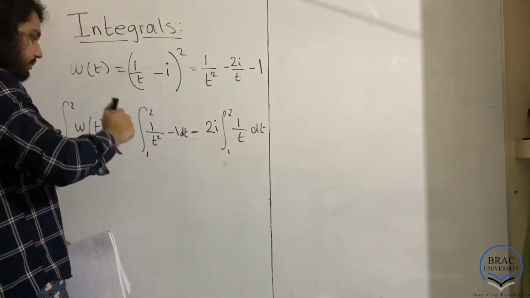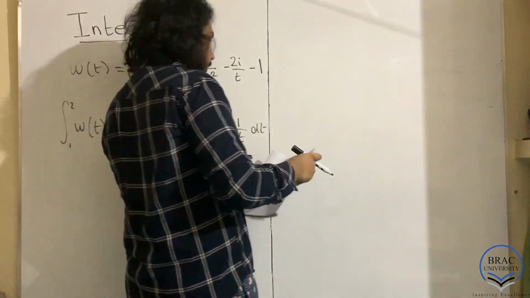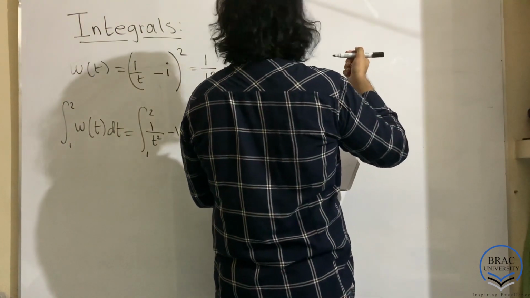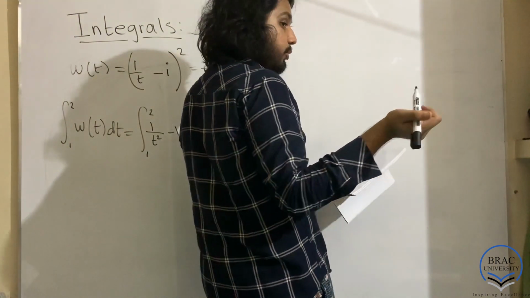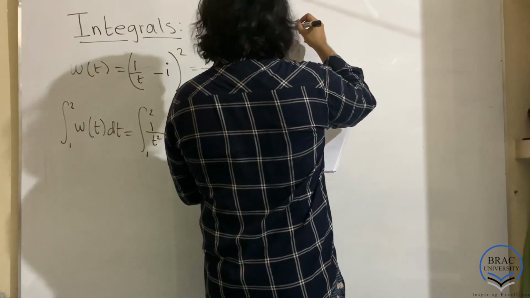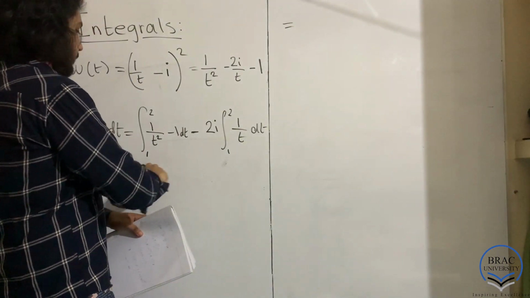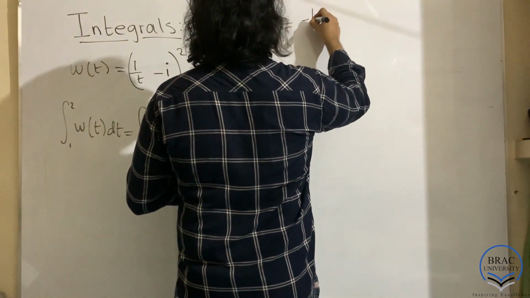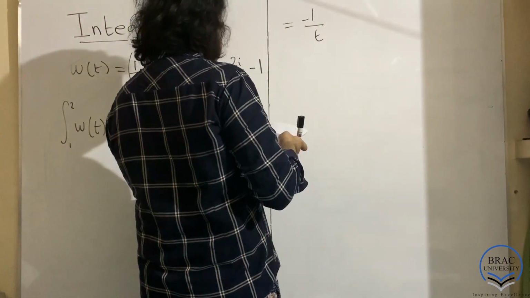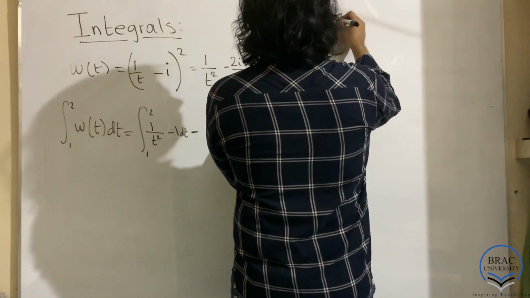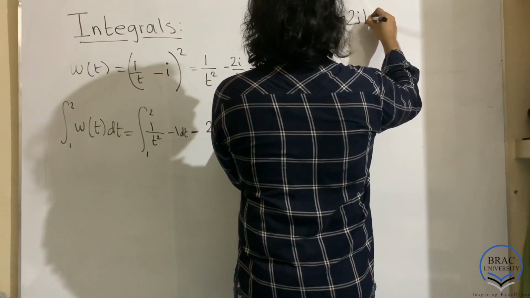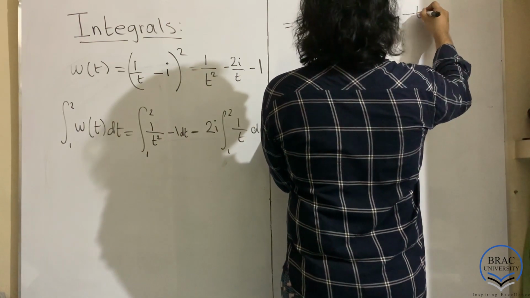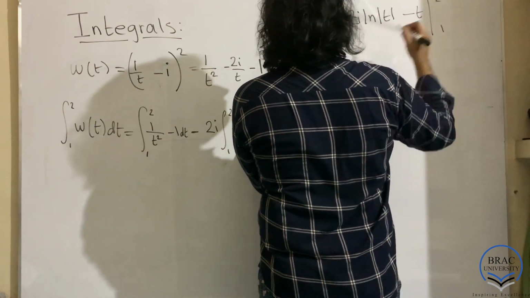Now in computing this integral, I'm going to skip over some of the lines, but it's a pretty simple integral. You can do it at home very easily. So computing this entire integral, you get minus 1 over t minus twice i ln modulus of t minus t, with the limits set as 2 and 1.